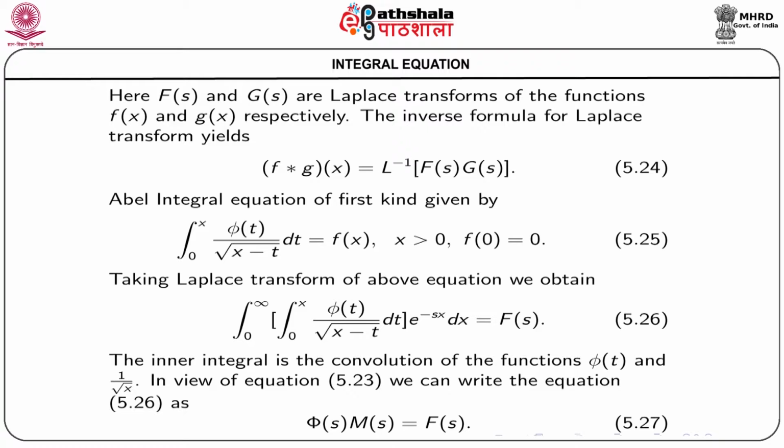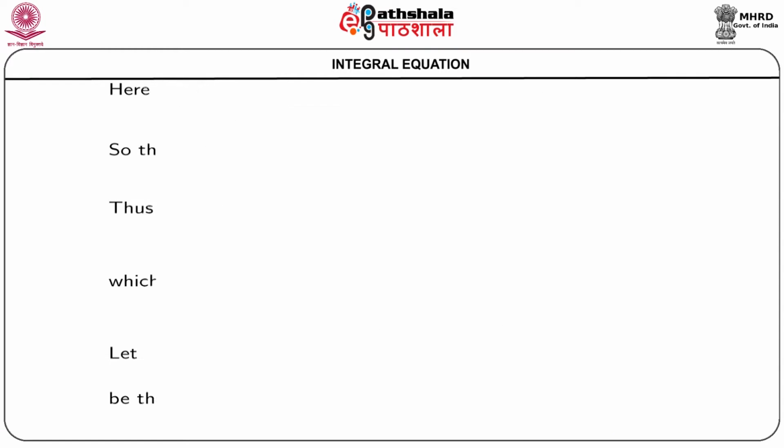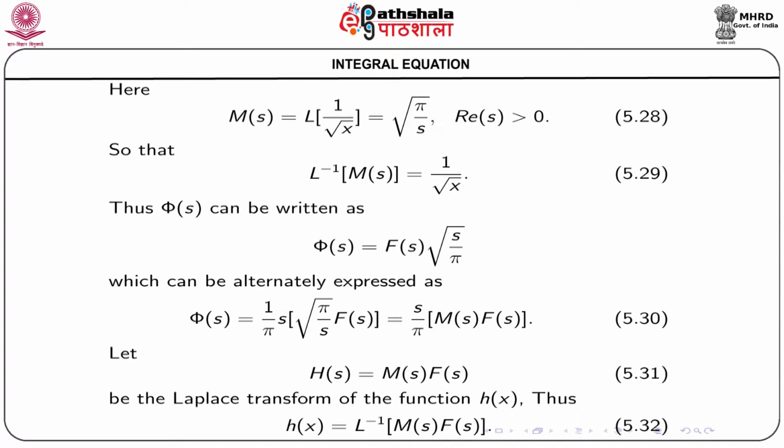Here capital phi s is the Laplace transform of small phi t and capital M s is the transformed function of 1 by root over x, and this is given by root over pi by s, where real part of s is positive, as given in equation 5.28.